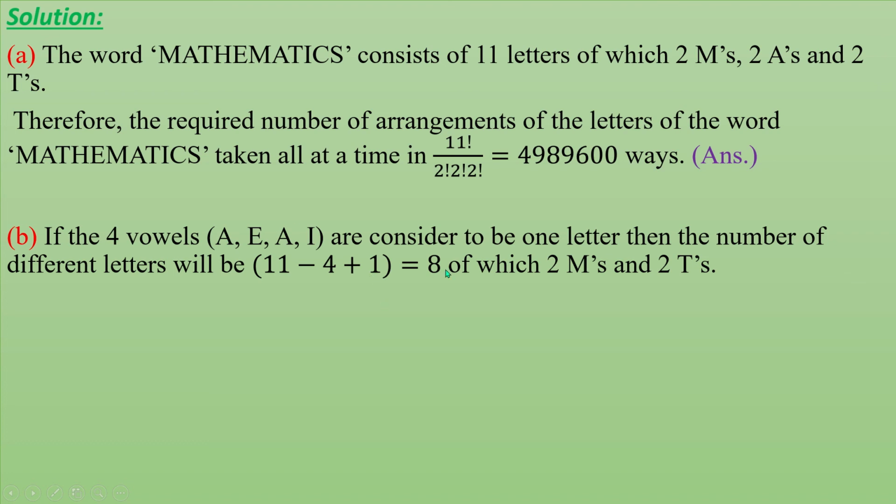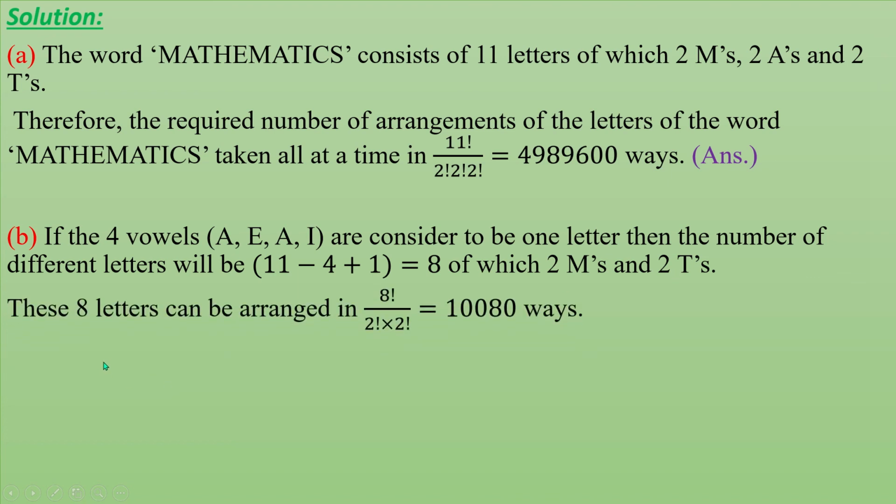This equals 8, of which there are 2 M's and 2 T's. Clear? Therefore, these 8 letters can be arranged in 8 factorial divided by 2 factorial into 2 factorial, because there are 2 M's and 2 T's. This equals 10,080 ways.